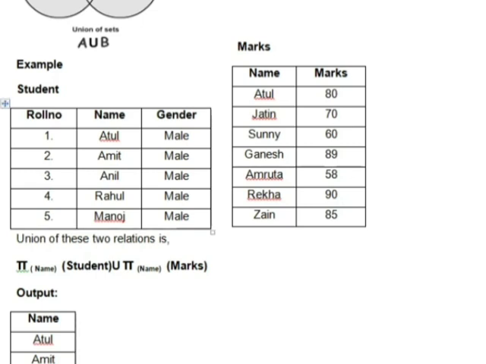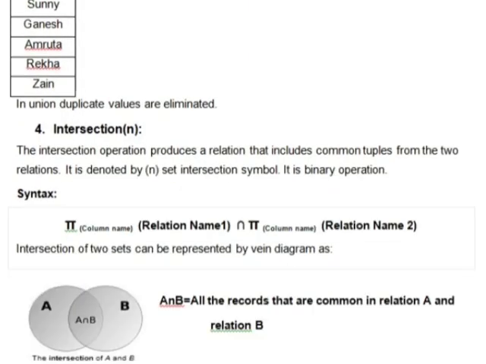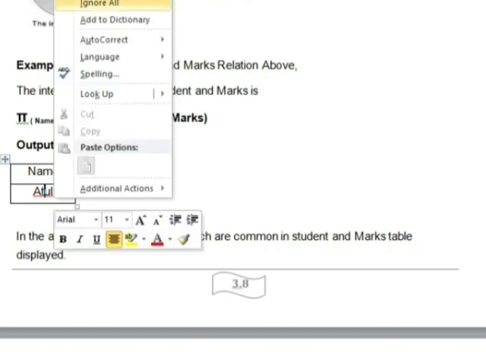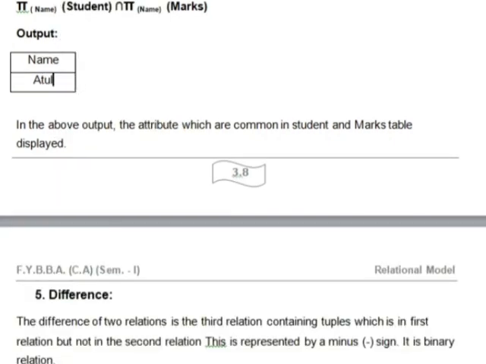Out of all the values, only Atul is common in both relations. So the result of intersection is the common value in both the student table and the marks table. That's why we got Atul.